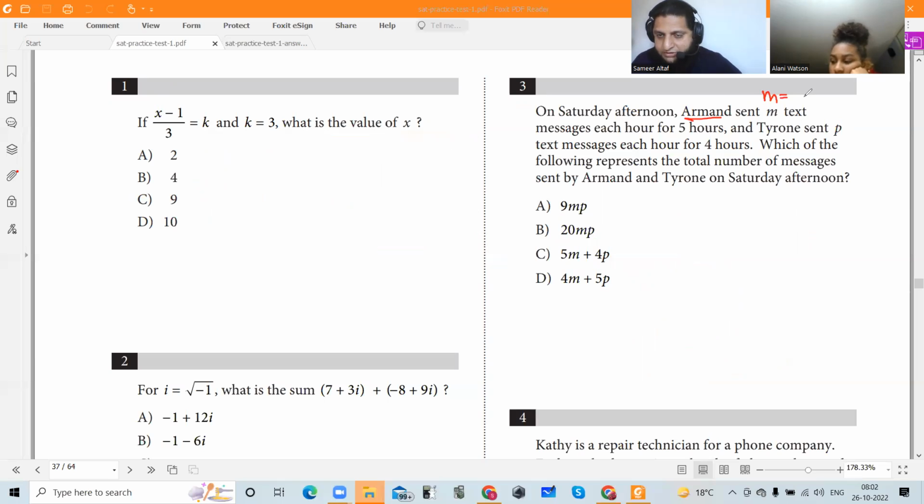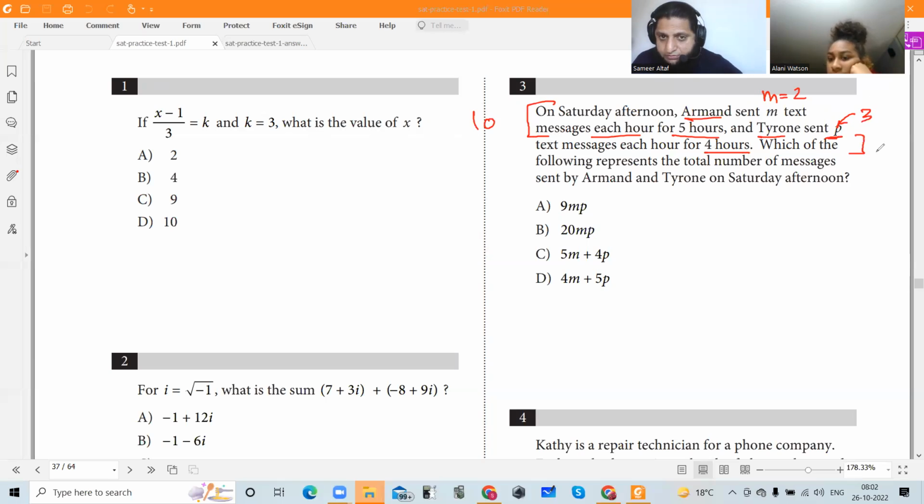For example, on Saturday afternoon, Armand sent, let's take the value of m as something. Can you give me some value for m? 2. Armand sent 2 text messages each hour for 5 hours. So how many is he sending in 5 hours? 10. Tyrone sent p text messages each hour. Give me p something. 3. So 3 text messages each hour for 4 hours.